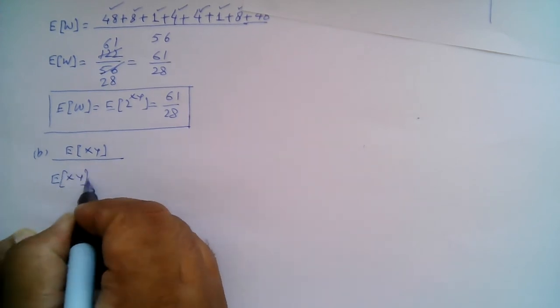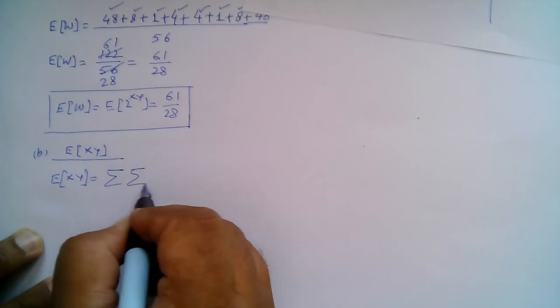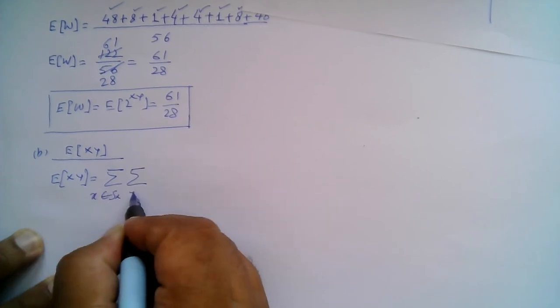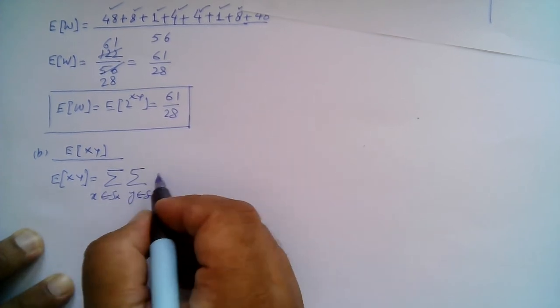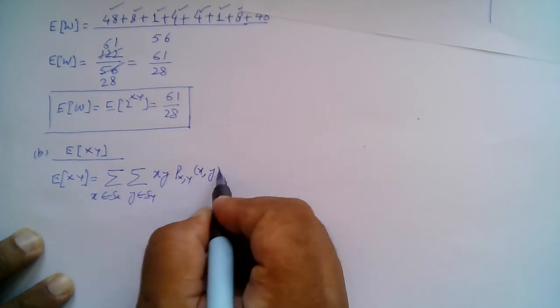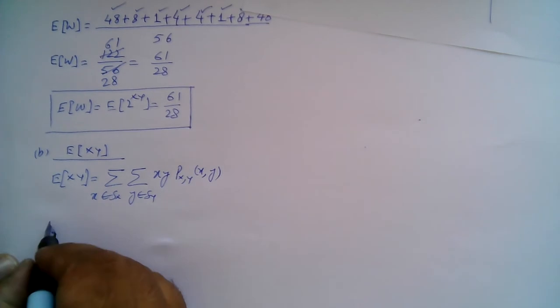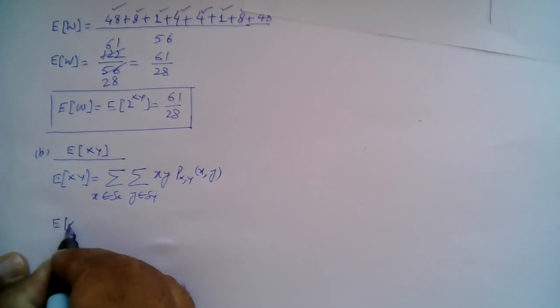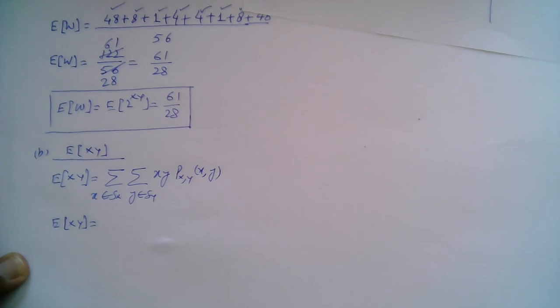So this is given by this double summation of xy multiplied by the corresponding value of the probability, right? So expected value of xy, which is the correlation of x and y.